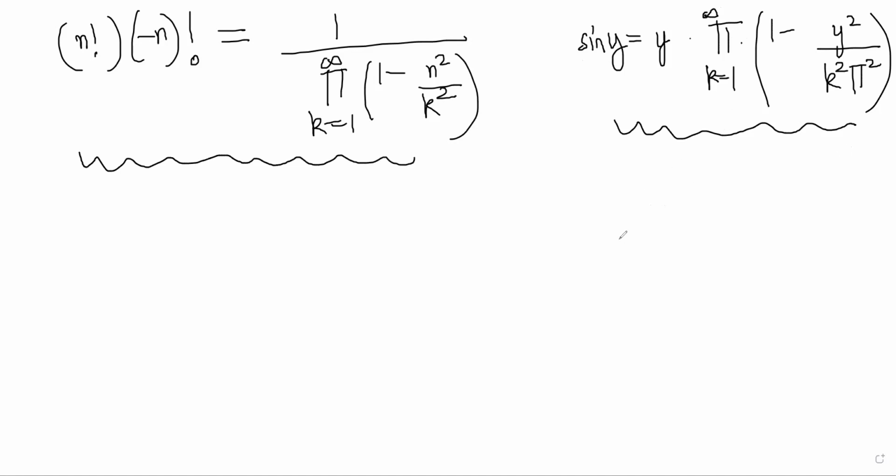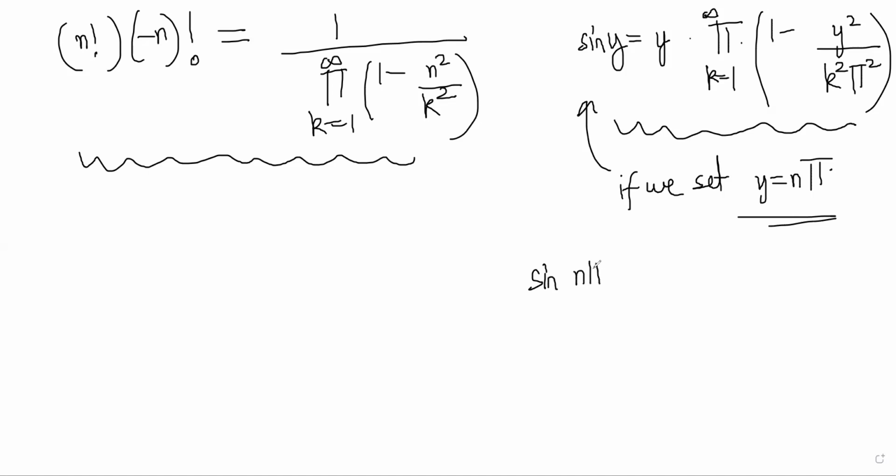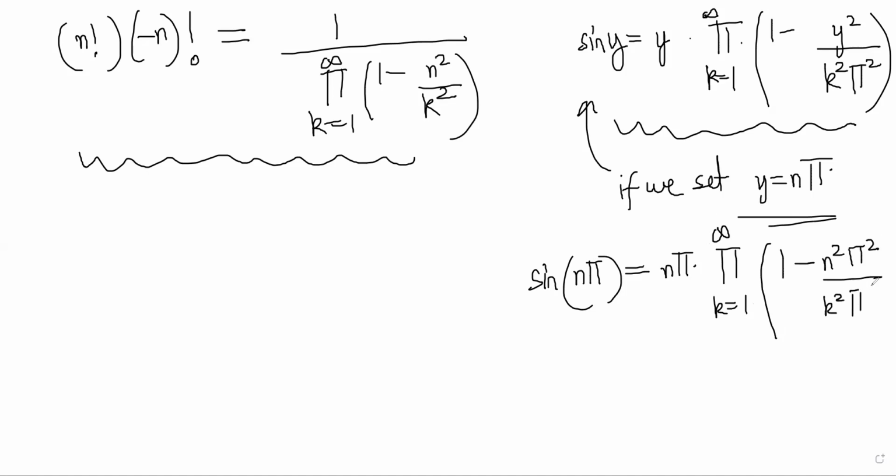So if we set y to be equal to n pi, right? We set y equal to n pi in this equation. We get sine of n pi is equal to n pi times the product, k goes from 1 to infinity, of 1 minus n square pi square by k square pi square, right?